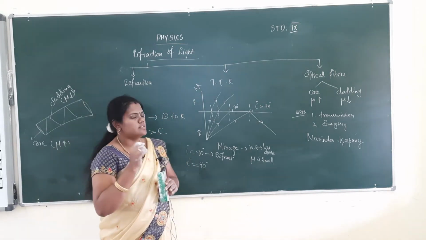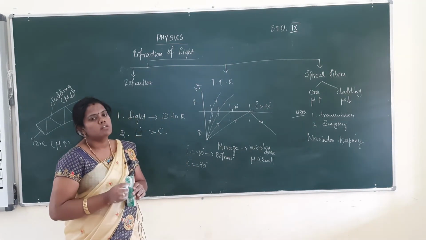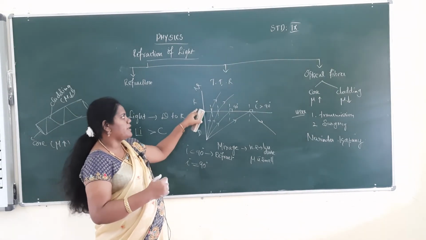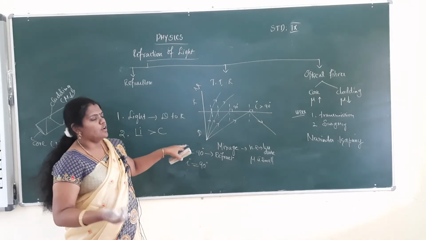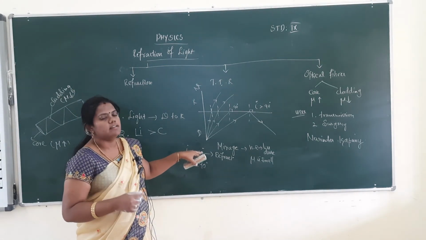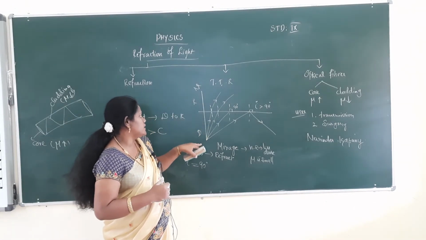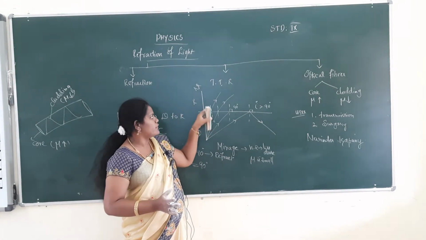Then the third one is total internal reflection. Total internal reflection means light falls from a denser medium to a rarer medium. Below the critical angle, the light just bends away from the normal line.